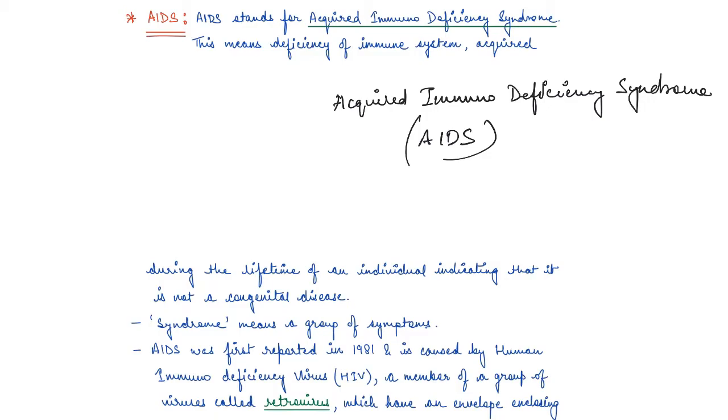This means deficiency of the immune system. The word is acquired immunodeficiency, so the immunity that we acquire is deficient, basically. So it basically means deficiency of immune system.